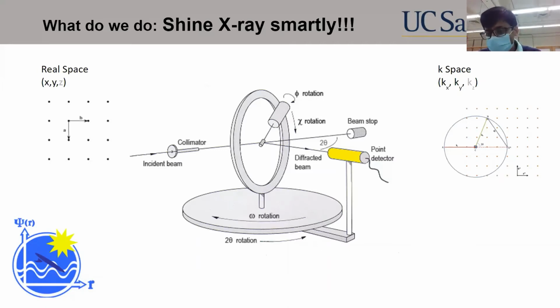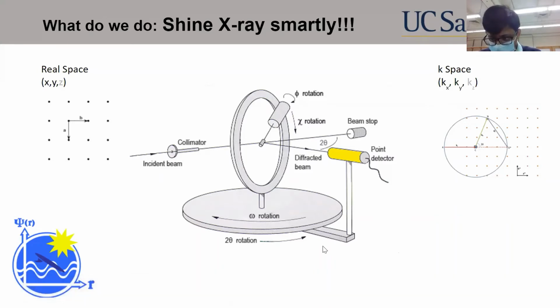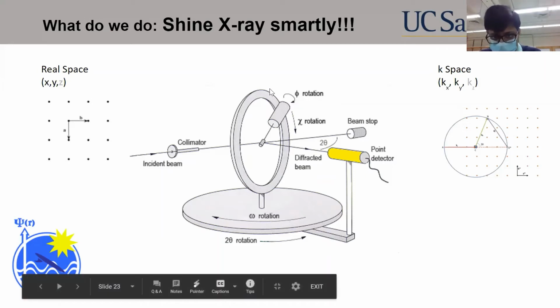Now real-life things are not 2-dimensional, right? So I need another dimension, which is where this chi comes in. So x, y, z. I get all 3 coordinates with omega, chi, and 2 theta. Why is it 4? This is a 3-circle, right? The 4th circle is phi.